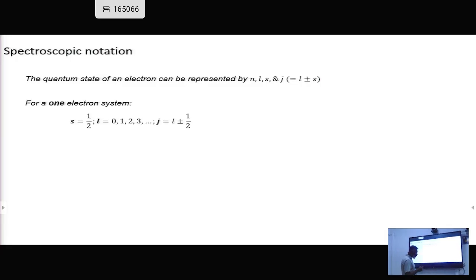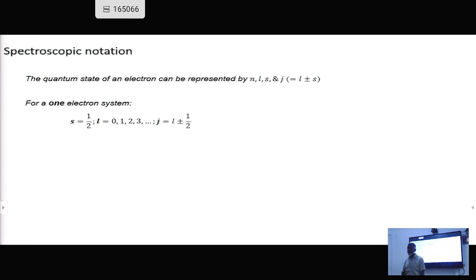Suppose you take a one-electron system. How do you represent that? For one electron, the spin quantum number has the value half. The value of L can be 0, 1, 2, 3, and so on.